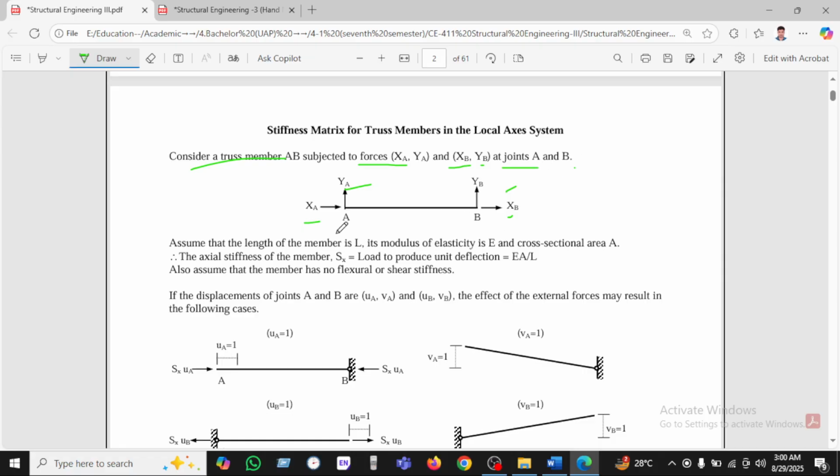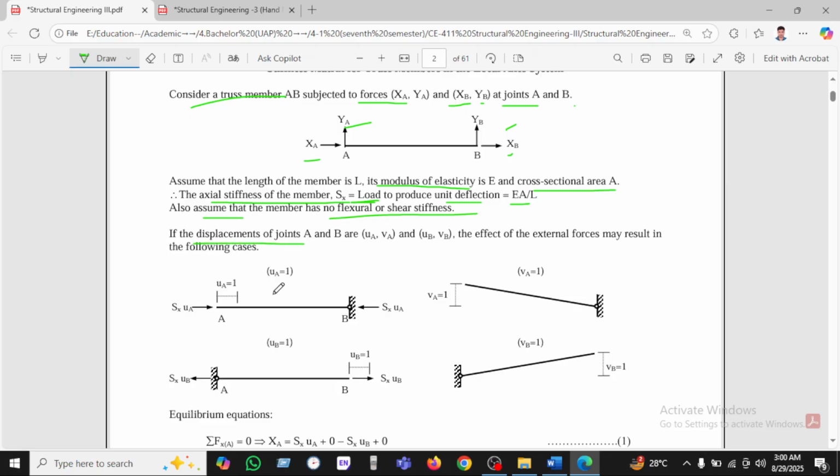Assume the length is L, the modulus of elasticity is E, and the cross-sectional area is A. The axial stiffness of the member is Sx, the load produced by unit deflection, EA by L. Also assume that the member has no shear deflection.